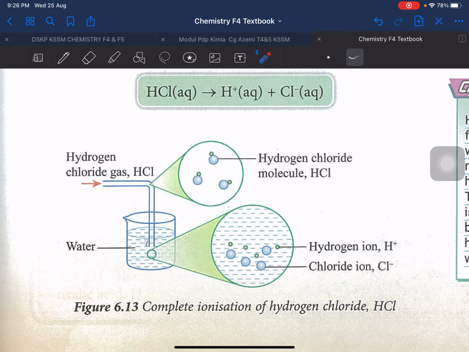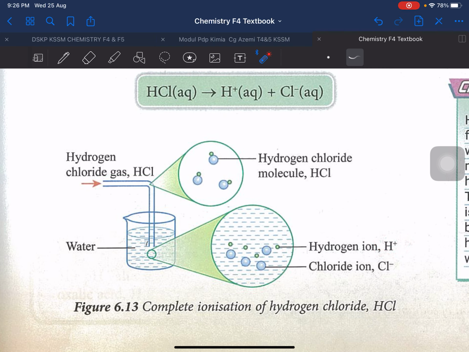Okay, tengok ni. This is a beaker yang ada water inside. So ada hydrogen chloride gas yang disalurkan, okay, masuk ke dalam. So hydrogen chloride molecules are going to combine with the water, and then it's going to be hydrogen ion and also chloride ion.